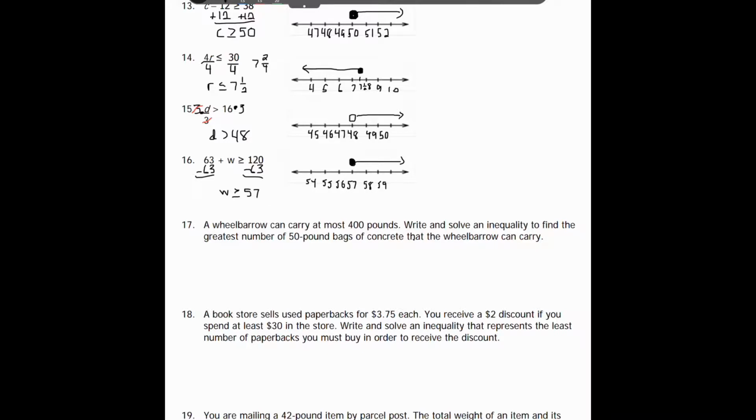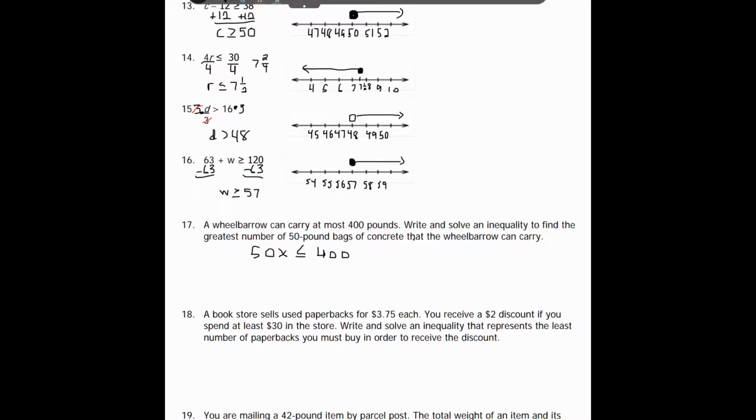So each bag is 50 pounds. So 50 times x, because we don't know how many bags we're talking about here that can fit in the wheelbarrow, has to be less than or equal to 400. It's got to be less than or equal to because the wheelbarrow can only handle 400 pounds.